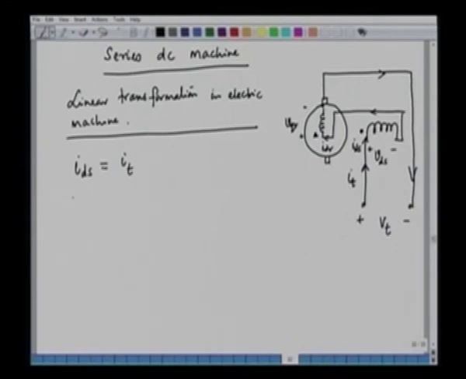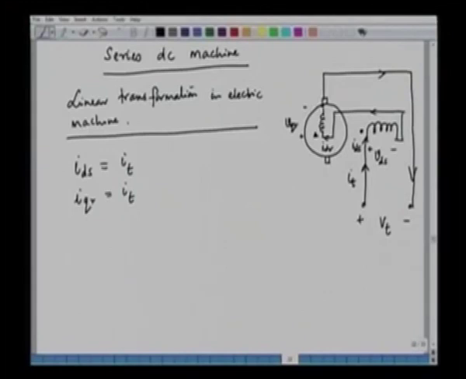And similarly I can say that IQR is also equal to IT, because the field current is the same as the armature current. So IDS is the field current and IQR is the armature current, and both of them are the same. So we can say that IDS equals IT and IQR also equals IT. IT is the machine current that is coming from the supply.